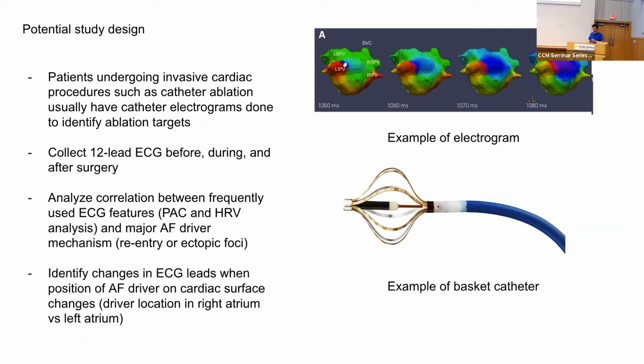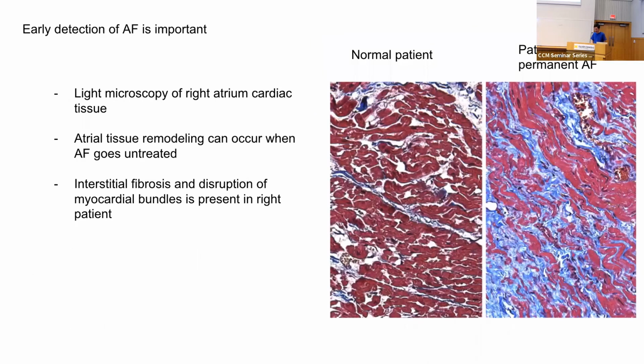So any correlation between the frequently used ECG features and the major driver mechanisms, such as reentry or ectopic foci, might lead to more discoveries regarding the potential uses of 12-lead ECG for identifying patients and the underlying physiology for atrial fibrillation. And potentially the ECG might be able to identify locations within the heart tissue where the drivers might be located.